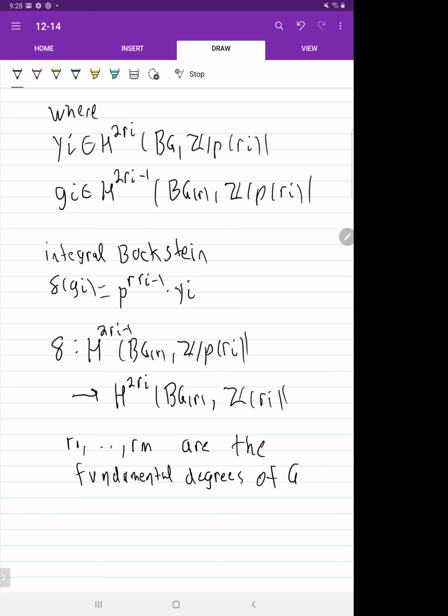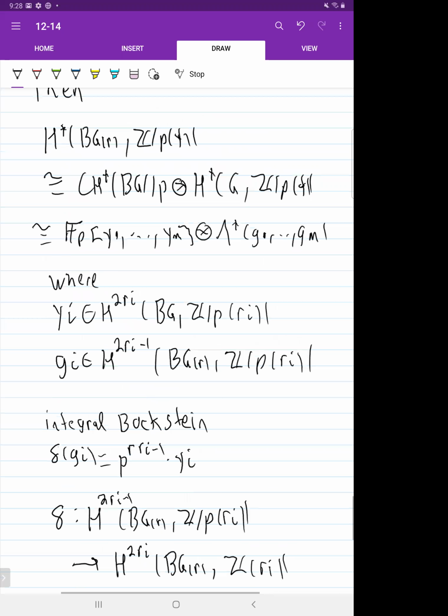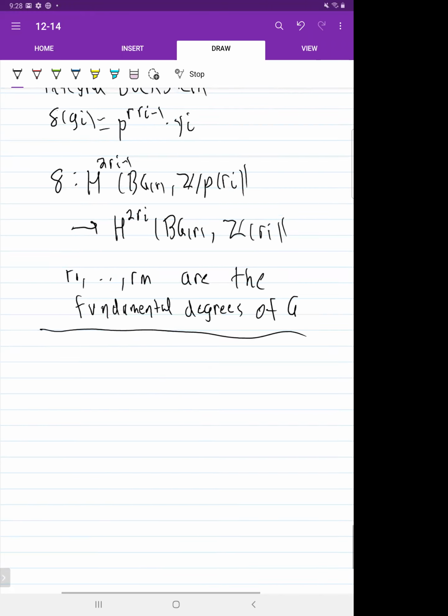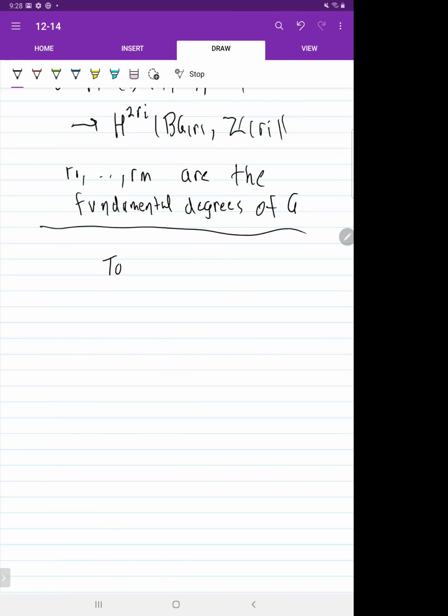Okay, so I'll briefly remind you what the torsion index and torsion primes are. So take G split reductive and take a Borel inside of G, and the split torus.